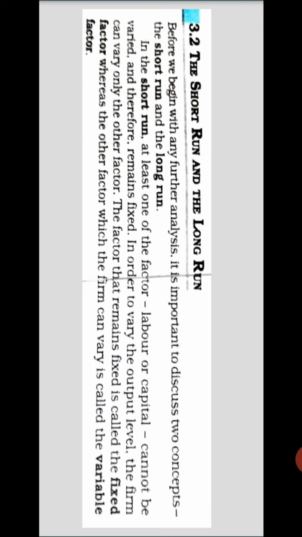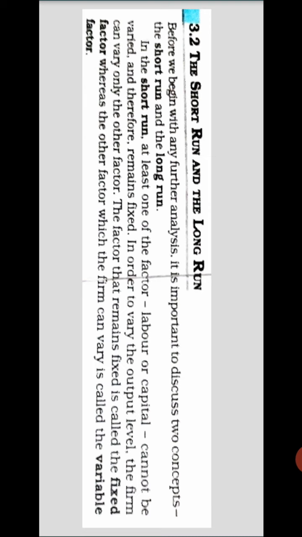Each isoquant represents a particular level of output and is labeled with that amount of output.